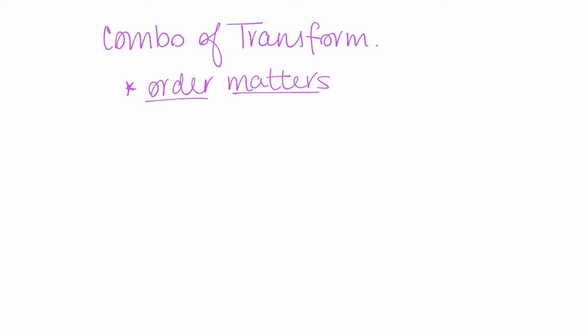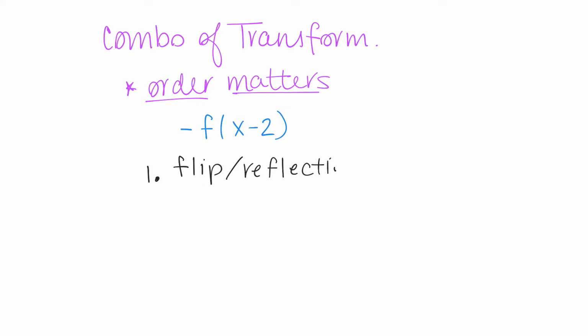Here's the deal. When you have multiple things happening, for example, let's say we have negative f of x minus 2, this is a transformation that's happening. The first thing that always has to happen, if you're going to work graphically in order, is your flips, so your reflections. So you always flip first.